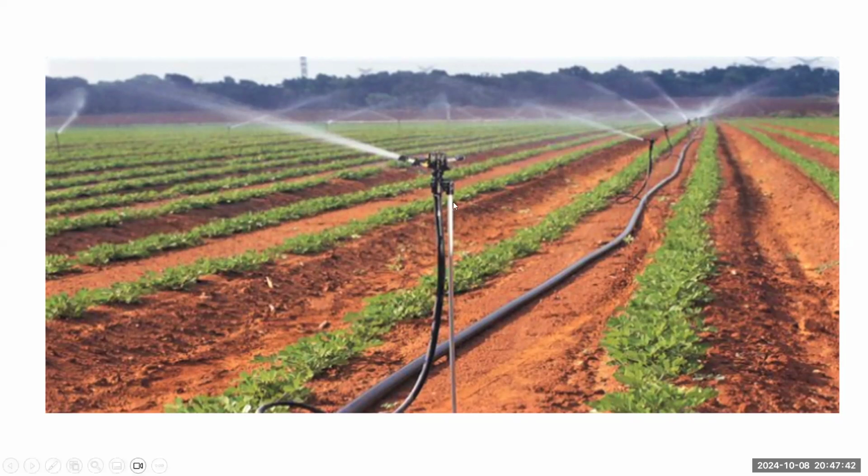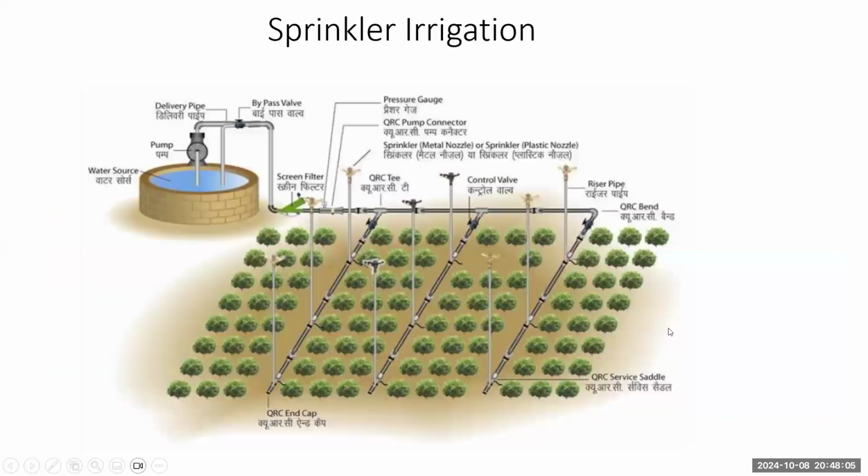To this riser, a pipe is connected and at the top end a sprinkler is attached. Through the nozzle of the sprinkler, the water is sprinkled over the crops. This system is just similar to natural rainfall.